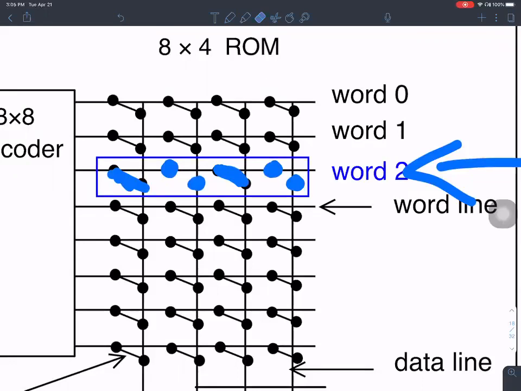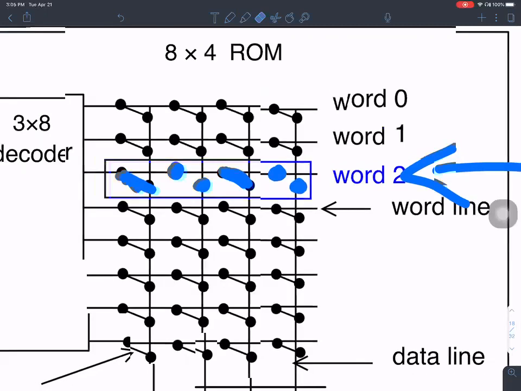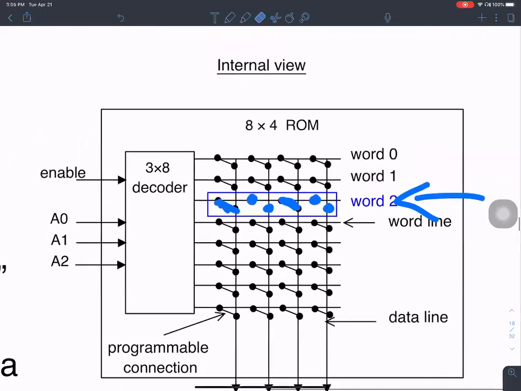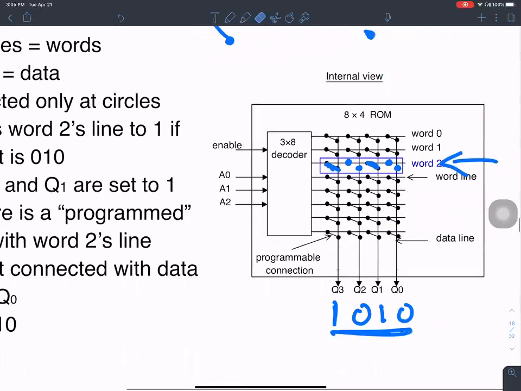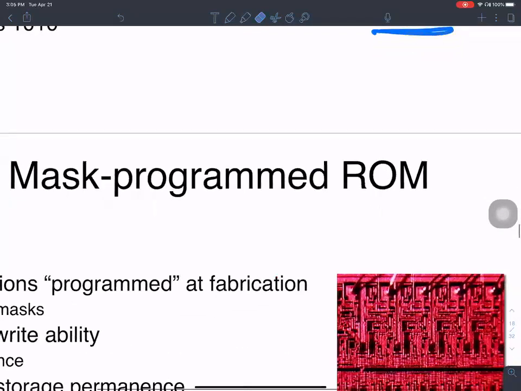In ROM memory, which is permanent, read-only memory, we use fuse technology. So in order to store a 1 or 0, we leave a fuse intact or blow up the fuse in order to store a 1 or 0 respectively. So we talked about all of this in the last class. So this is what we did.